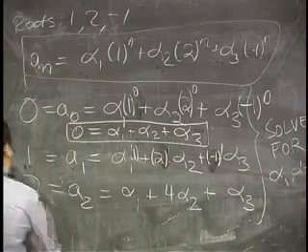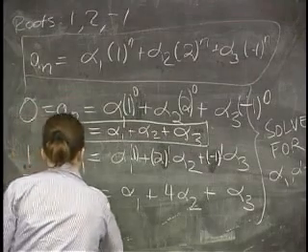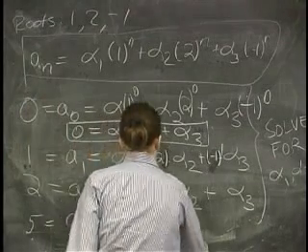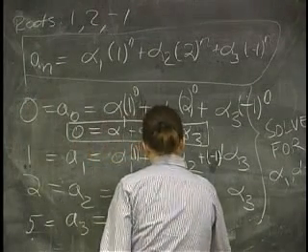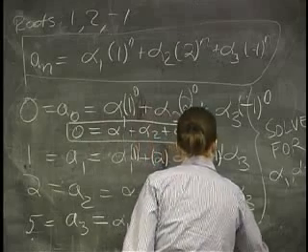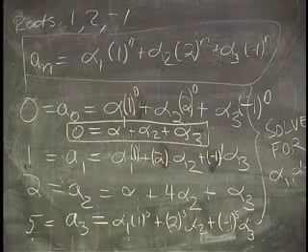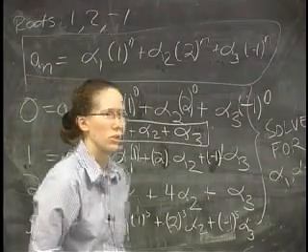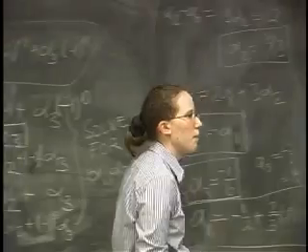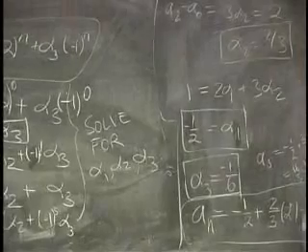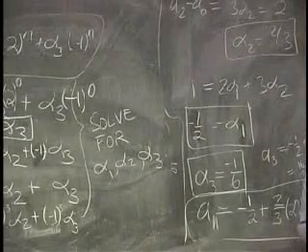I can set up another equation that says 5 equals a_3 equals alpha 1 times 1 cubed plus 2 cubed times alpha 2 plus minus 1 cubed times alpha 3. That would give me a fourth equation, which of course would be dependent on the other 3. It's not really relevant. But you could choose the equations that look the prettiest and solve those for your alphas. The book explains how to prove this theorem, and that will tell you exactly why you take these combinations of roots.